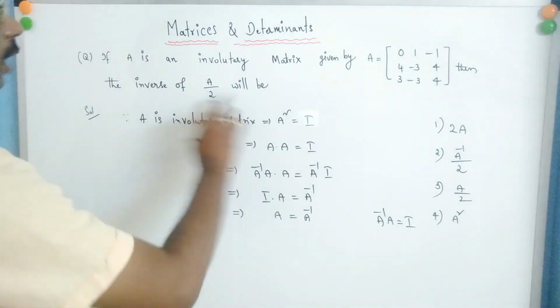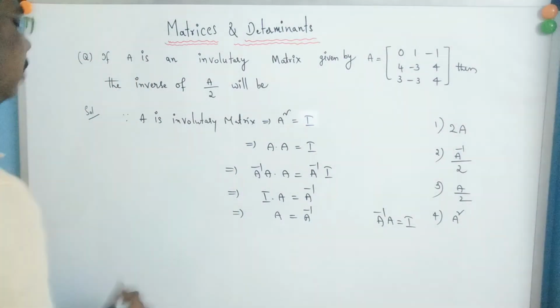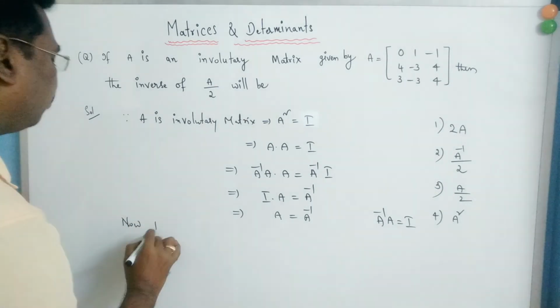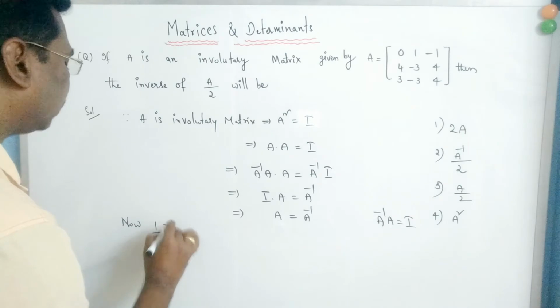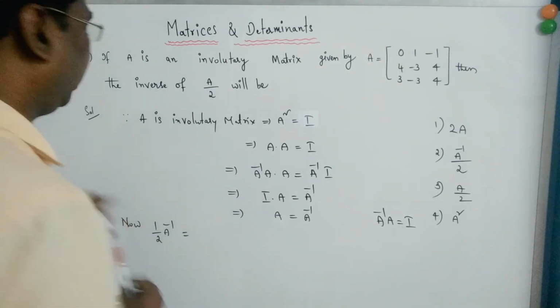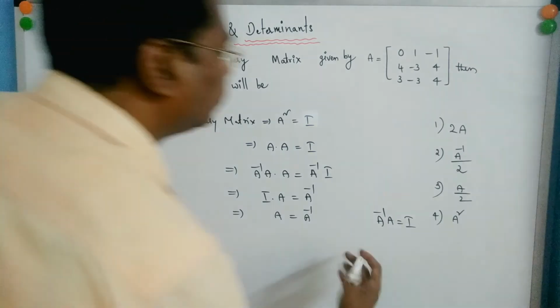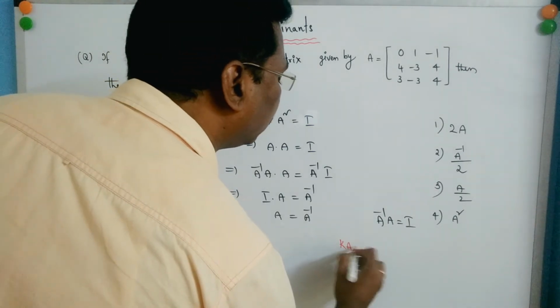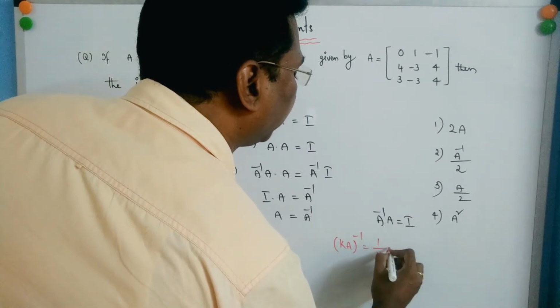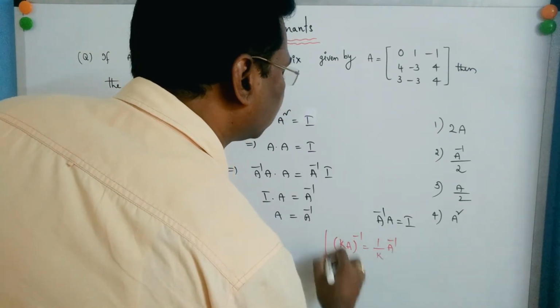Now, the inverse of A by 2 will be, okay, now 1 by 2 into A inverse. We know that K A whole inverse is equal to 1 by K into A inverse.